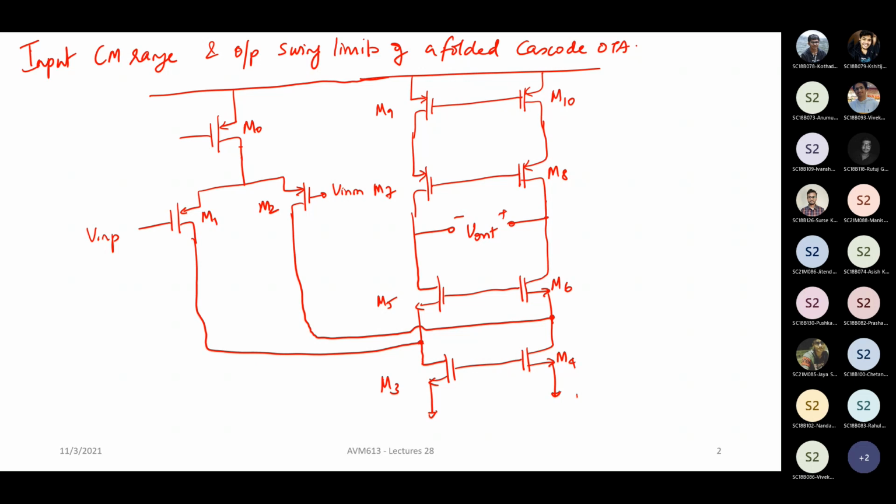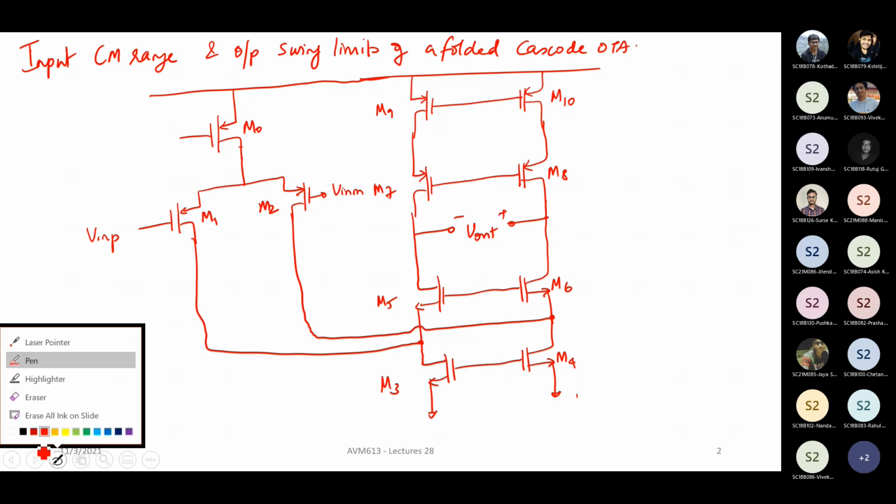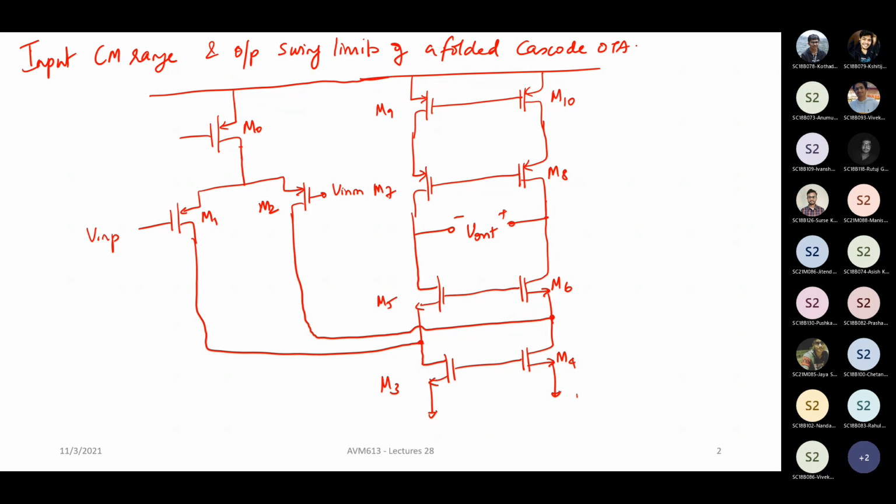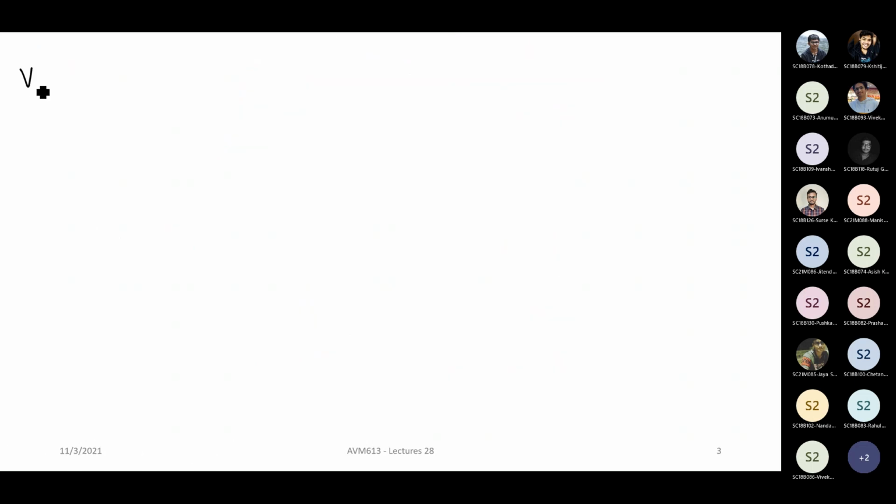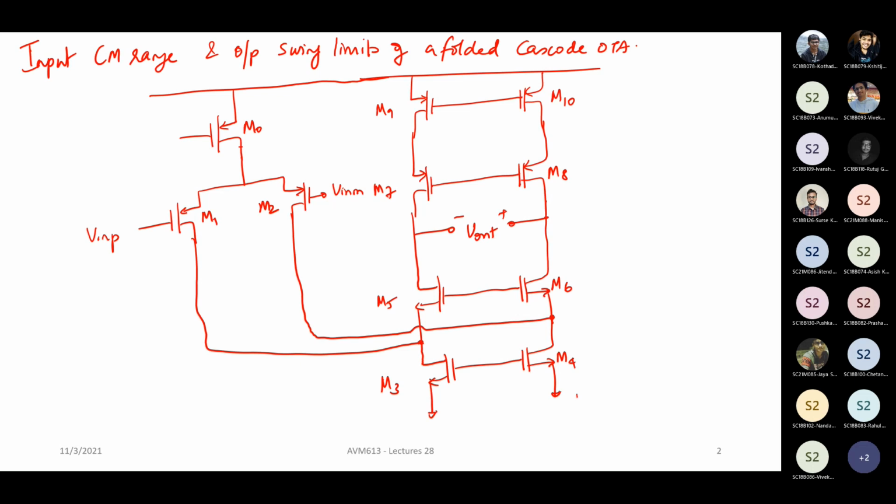What is the input common mode range? Let us look at VCM min and max. What is the maximum input common mode voltage that you can get here? What will set the maximum common mode voltage?